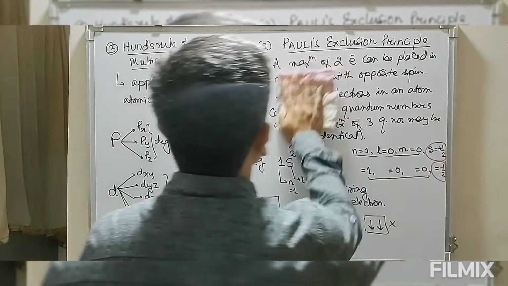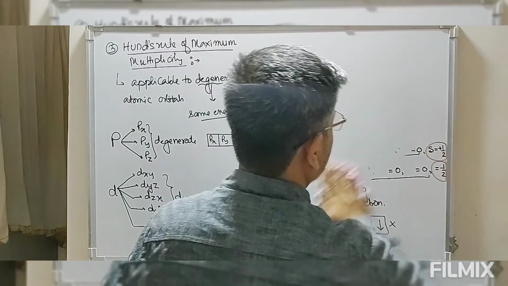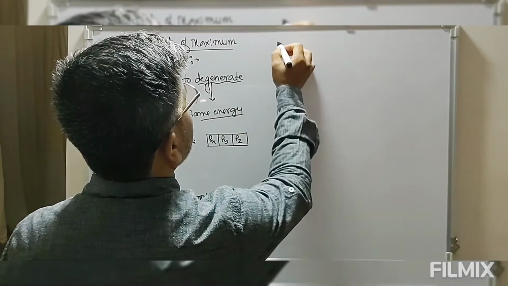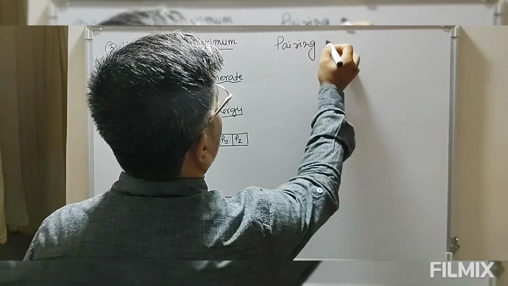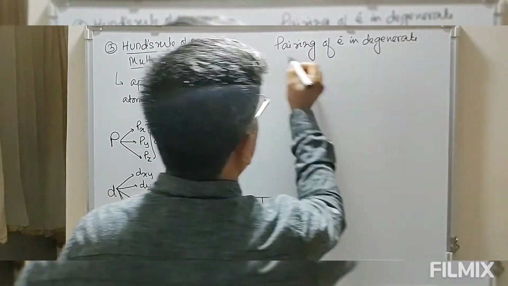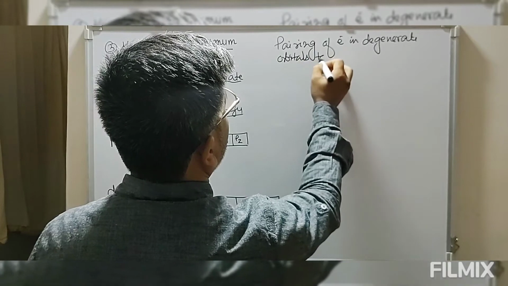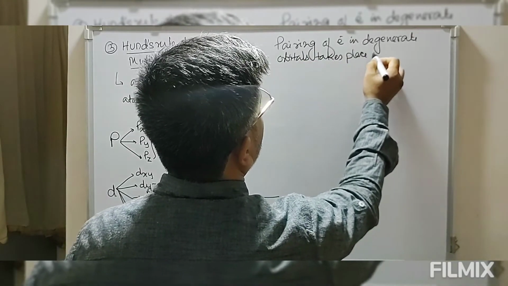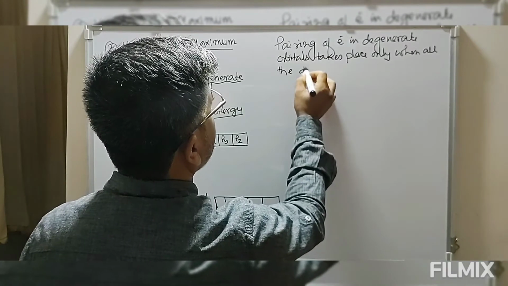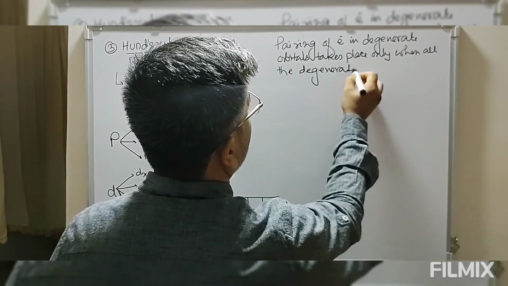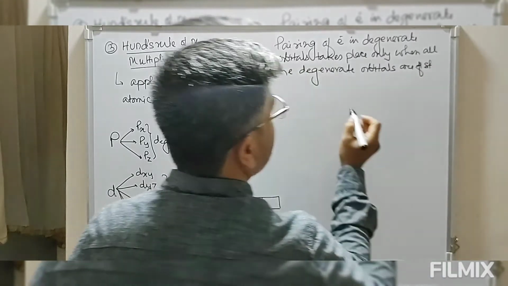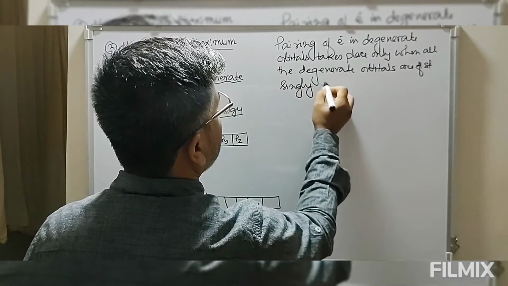So the statement of this law is: pairing of electrons in degenerate orbitals takes place only when all the degenerate orbitals are first singly occupied.